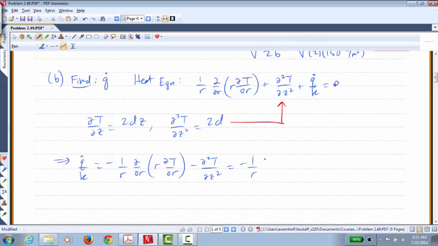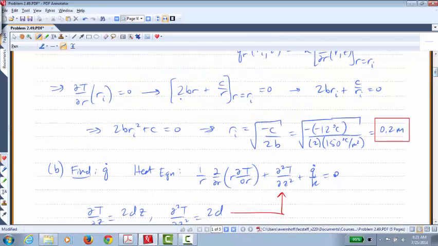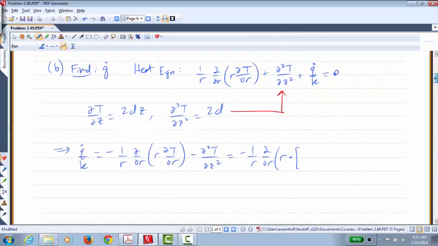So we're going to plug in for dT/dr, which we know from the first part of the problem is going to be 2br plus c over r. And then we're going to plug in for d squared T/dz squared, so it's going to be minus 2 times D.